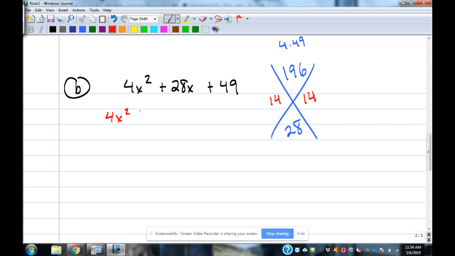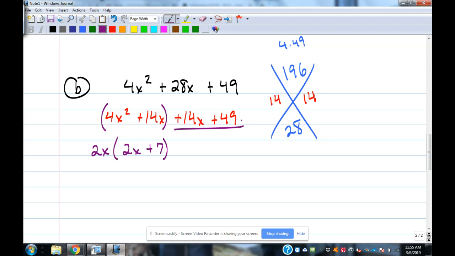So we would then take x squared plus 14x plus 14x plus 49 and then group from there. The GCF of those would be 2x. That'd leave us 2x plus 7. GCF of those two would be 7.